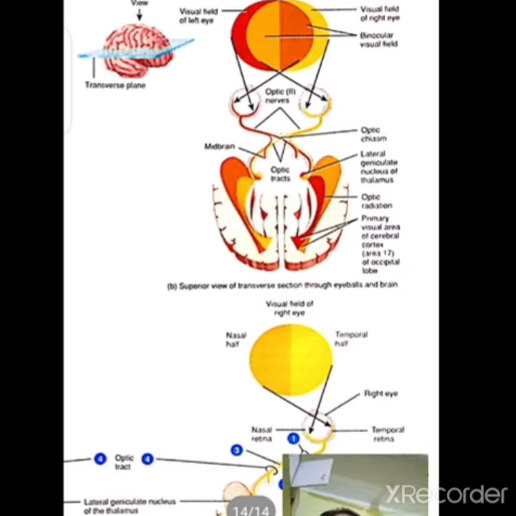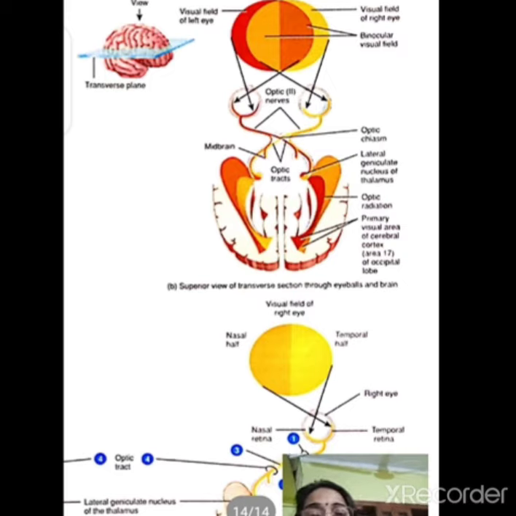pathway of your eyes. Basically, you need to understand how the light rays converge on the eyes, the various anatomy, and how these radiations are taken from the eyes to the primary visual area 17 of your brain, and they cross over at the optic chiasma.